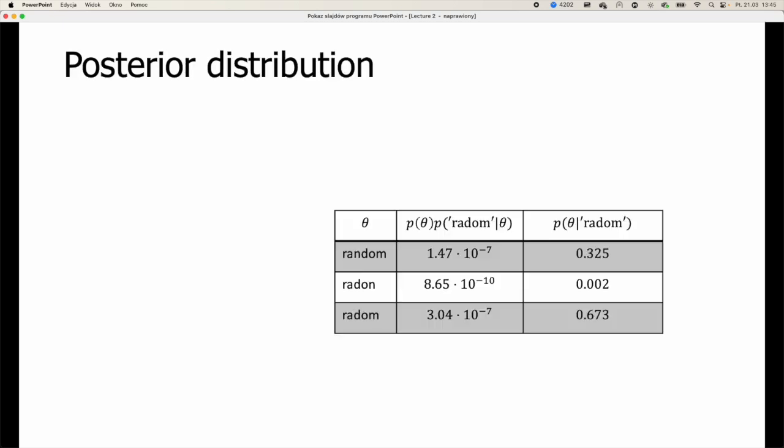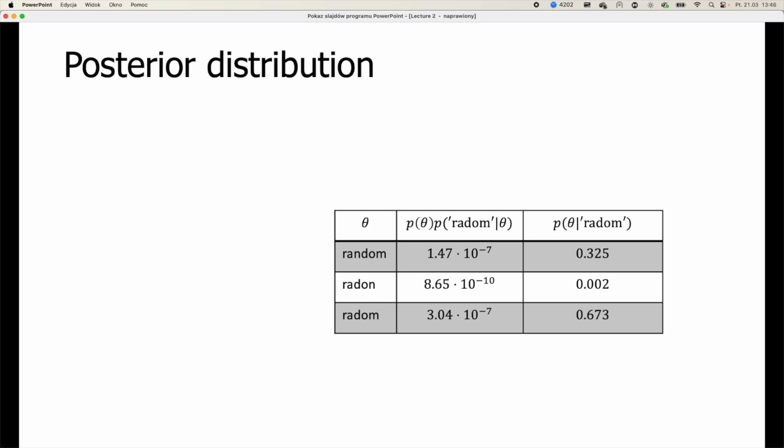And you can then, using the product of the prior distribution, so generally how common those words are in the language, in the relative relationships, times the likelihood, computed using these keyboard metrics, get the actual value of the numerator. So prior times likelihood.